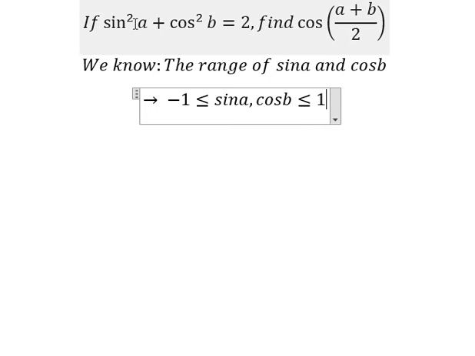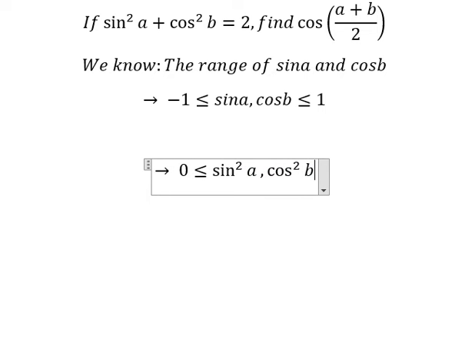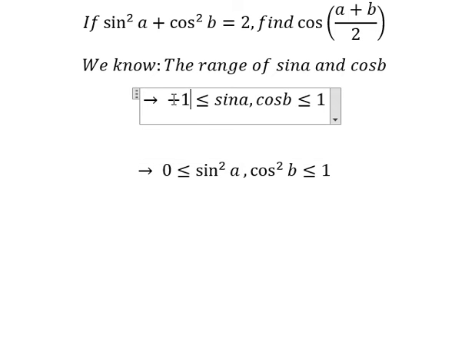Now if we have the power 2 in here, you know that the range of this one will go from 0 to positive 1, because when we square both sides, the negative values go to the positive, and that's why they will range from 0 to 1.